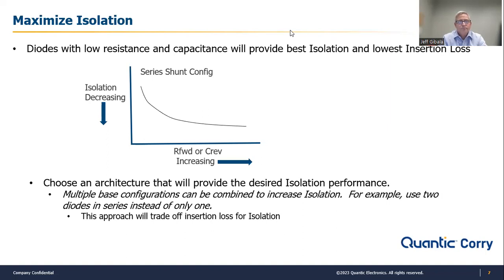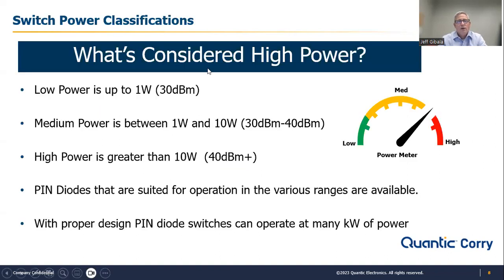Okay. And Jeff, does power range make a difference when determining which switch is best? Yeah, power does. So we classify switches into 3 different power ranges. There's low power, which is typically a watt or lower.